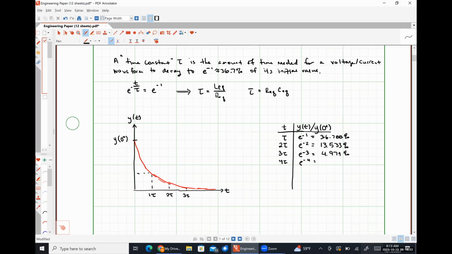Or 1.831%. And our last data point on the table will be at 5 tau, where our ratio would be e to the minus 5. And that is 0.674%.